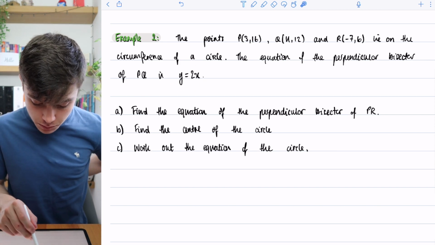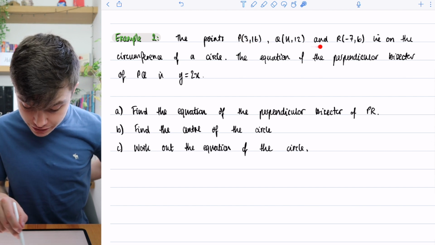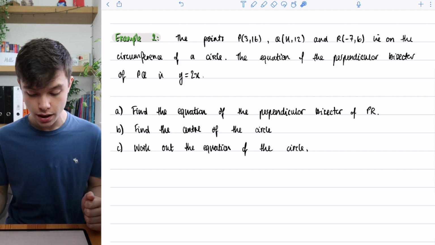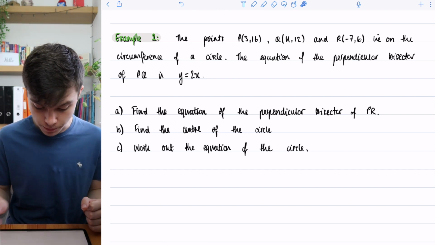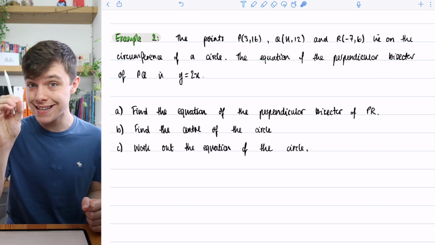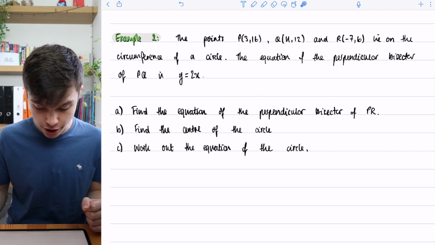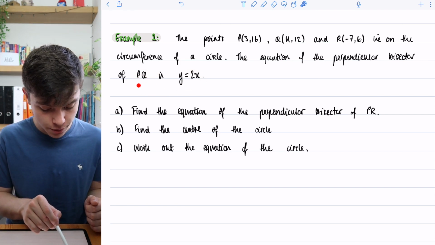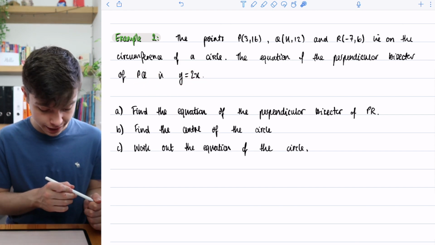Okay, so what we're doing is we're connecting these points together to form a triangle. Those points are on the circumference of the circle. And the perpendicular bisector, the line that runs through the centre and the midpoint of the line PQ, the chord PQ, if you want, is y is equal to 2x.